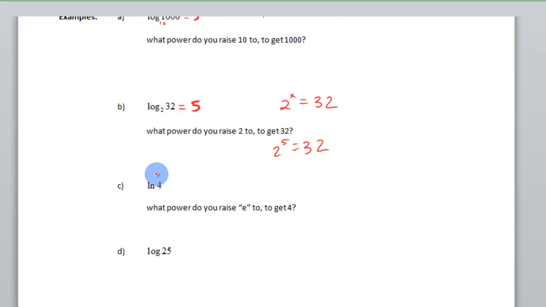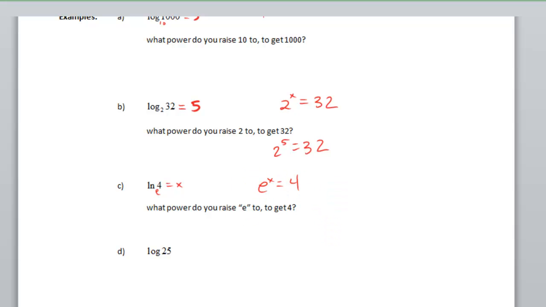Let's do another one here. Natural log of 4. Well, put a little equals an unknown. What's the base? Natural log is e. So e to the x is equal to 4. What power do I raise e to get 4? I don't know, because e is some messed up decimal, right? So I need a calculator for this one. I can't do it, or I can do it by estimation.